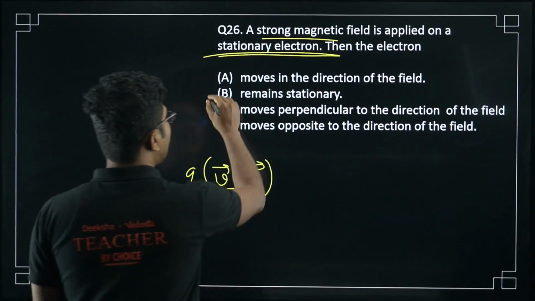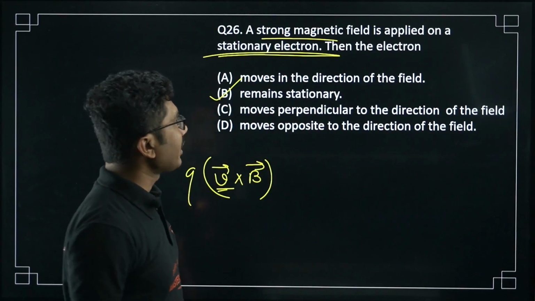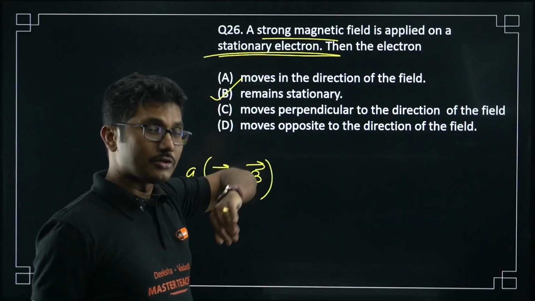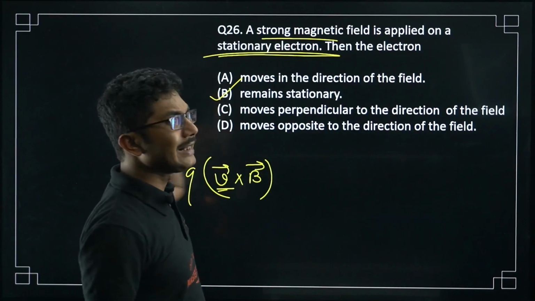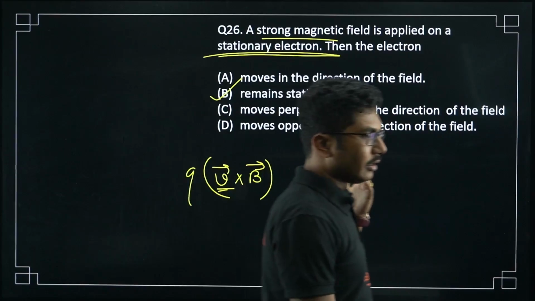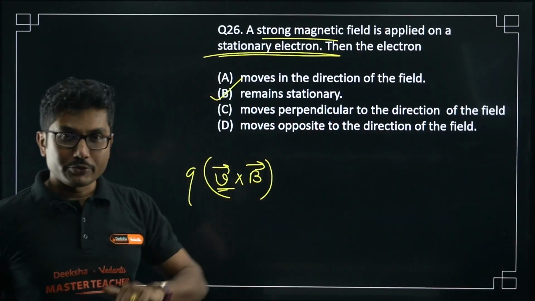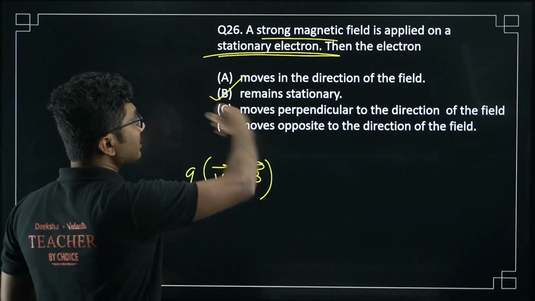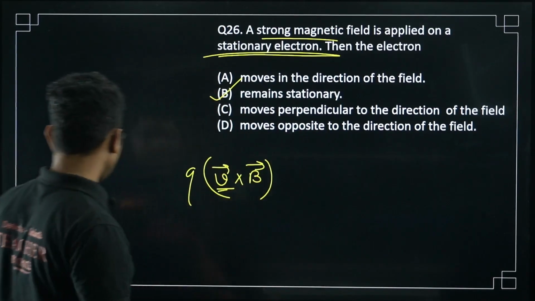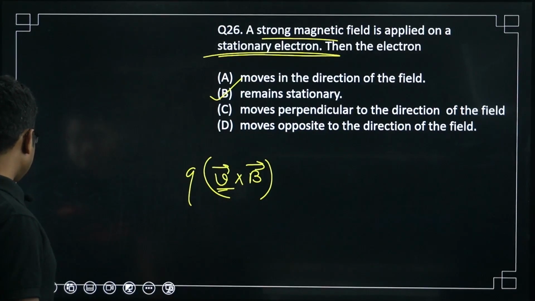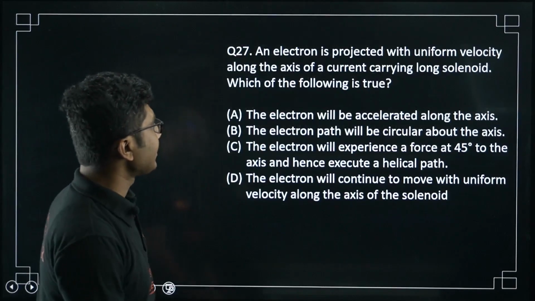So the charge will remain stationary. If there is an electric field also there, then it will move based on the direction of the electric field, in the opposite direction because it is an electron. But here no electric field is given, so it will remain stationary.